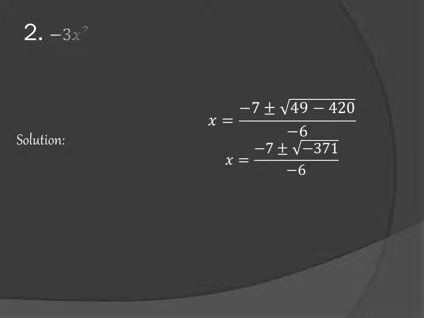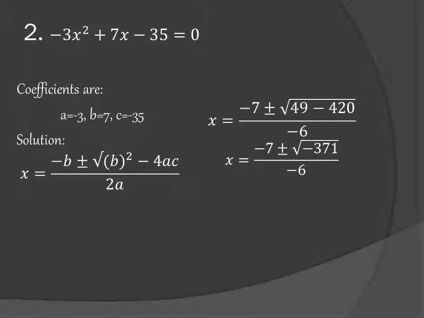Our second example is negative 3x squared plus 7x minus 35 equals 0. And the coefficients are a equals negative 3, b equals 7, and c equals negative 35. So using the quadratic formula, negative b positive negative square root of b squared minus 4ac all over 2a, we need to find the roots of the equation.